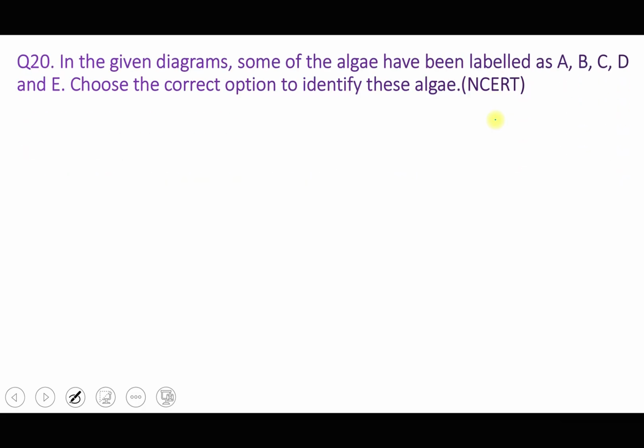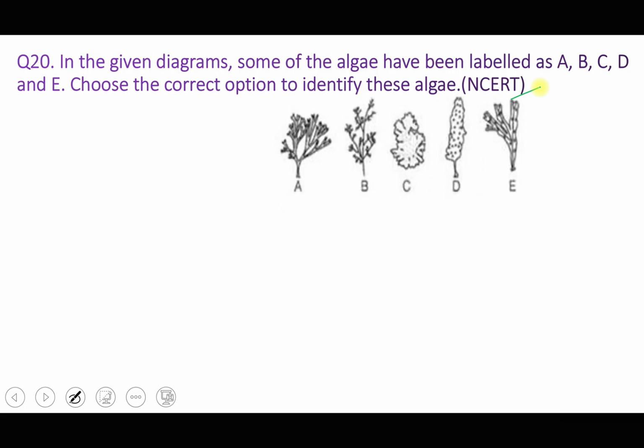Question number 20. In the given diagram, some of the algae have been labeled as A, B, C, D and E. Choose the correct option to identify these algae. Again, this is from the NCERT textbook, and it is important to do all the questions of NCERT because these are sometimes directly asked in the examination.